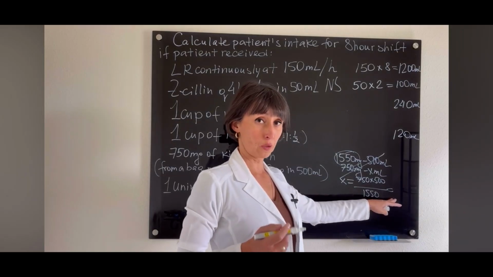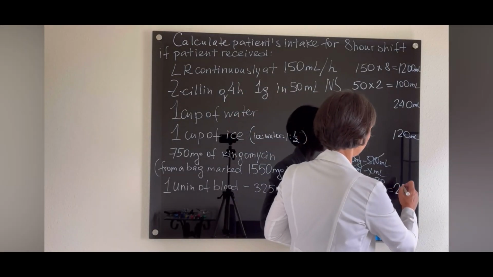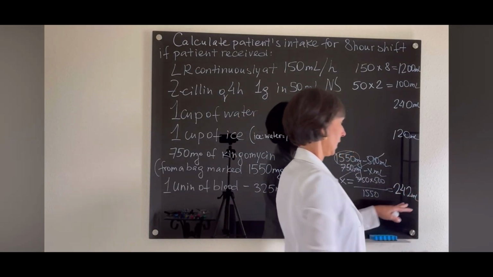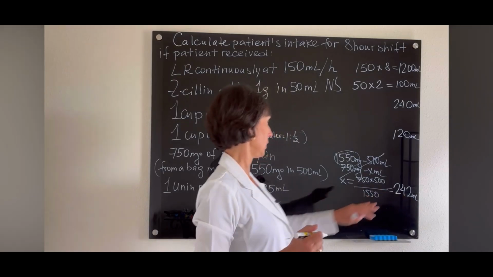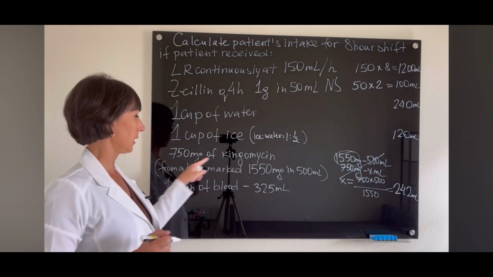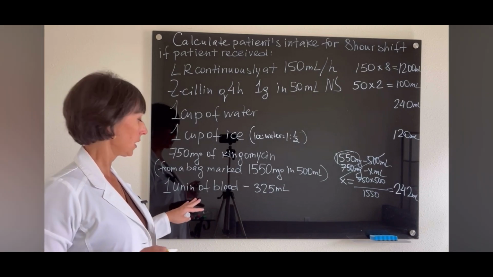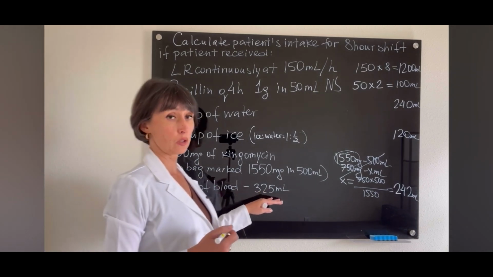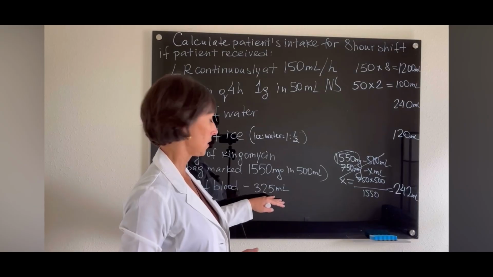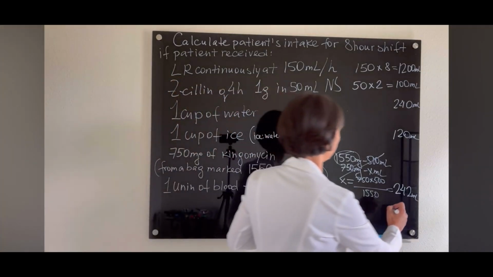And after rounding to the whole number, I get 242 milliliters. That's for my clindamycin. And the last item I need to add to my intake is the blood. There's nothing to calculate here. We're just adding it as it is, 325 milliliters.